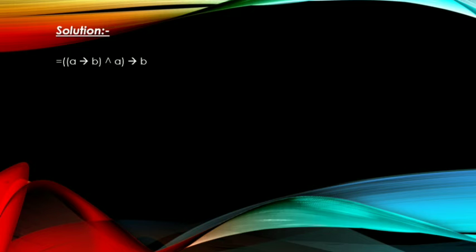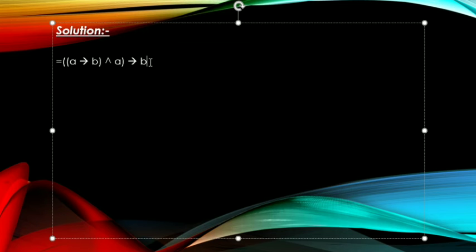Let's start to solve. At first, we should remove the implication signs by using the implication law. We will first remove the implication sign which is inside the bracket, because the bracket has the highest precedence. So let's start.